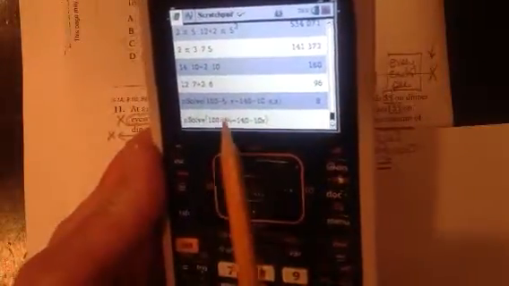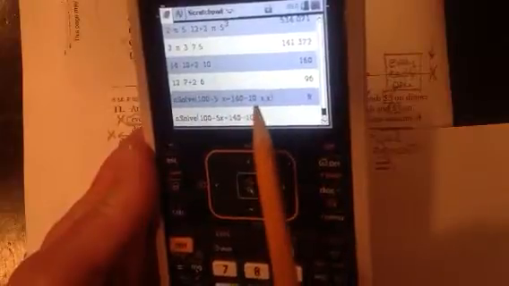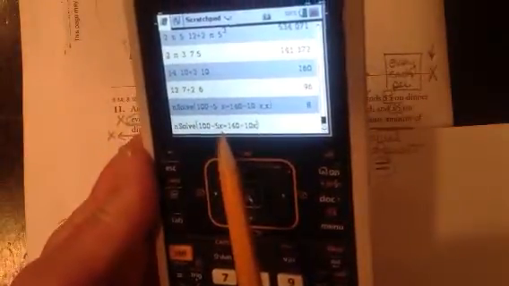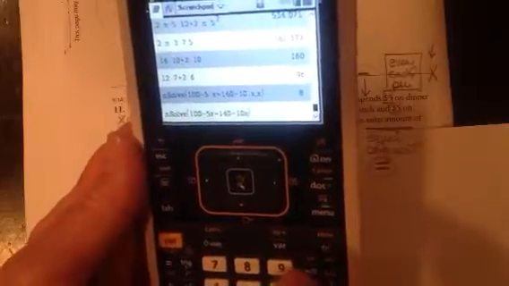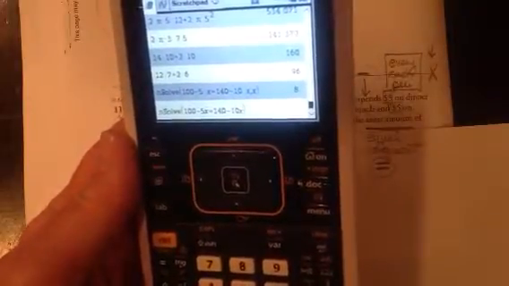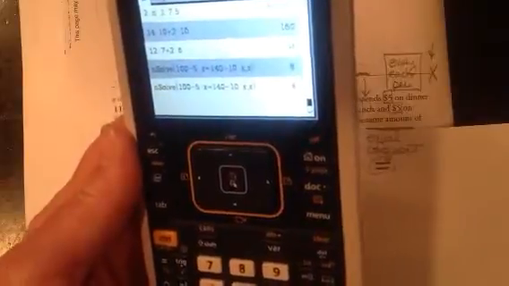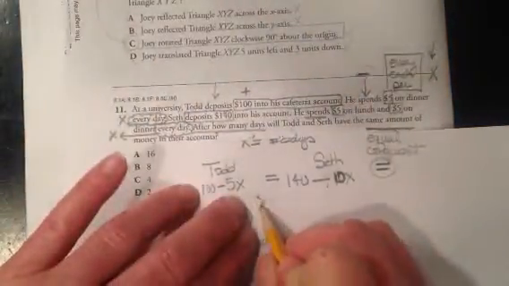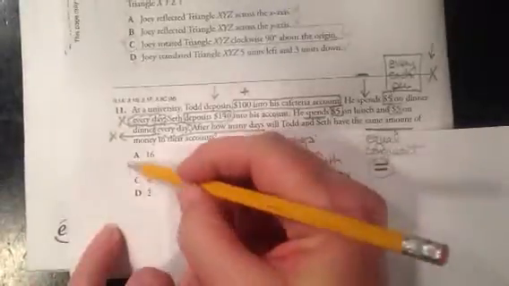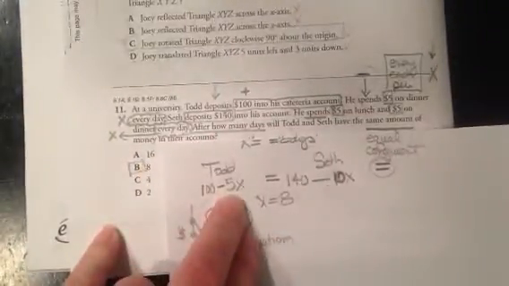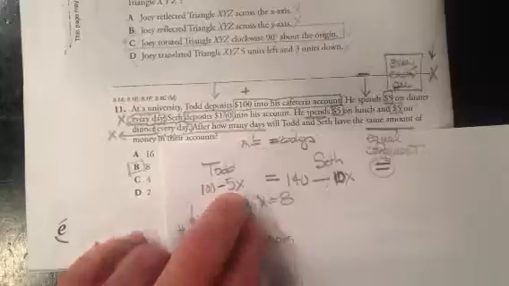So here I have an expression for Todd and an expression for Seth, and I set them to be equal to each other. But here's the most important part. When you use nSolve, you always put a comma and the variable that you are using in your equation and press enter. And the answer is 8, which is B.